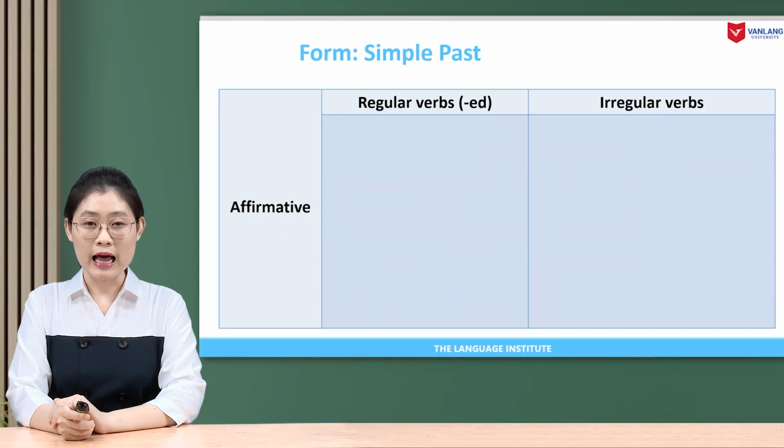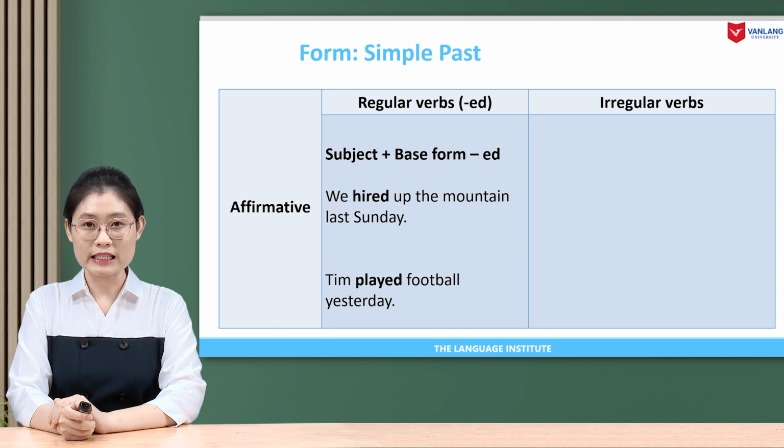So now, let's explore how we can form an affirmative sentence in simple past with regular verbs and irregular verbs. First, please look at the regular verbs. So regular verbs are the verbs with ed form.